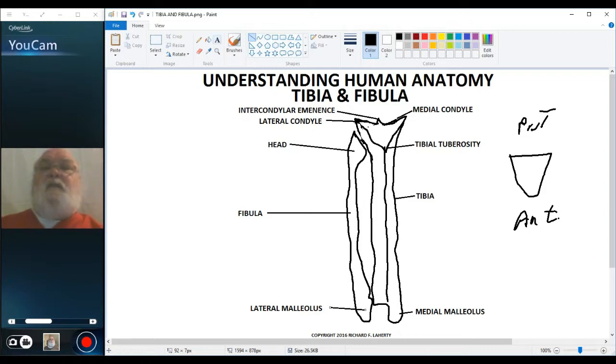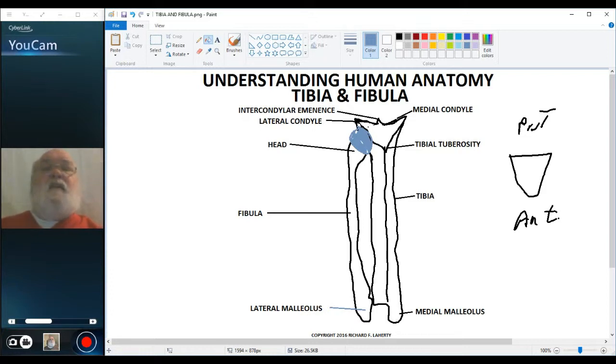And you'll find that we will see some ligaments in this area holding the two bones together. I'll fill in the structure to indicate those ligaments.